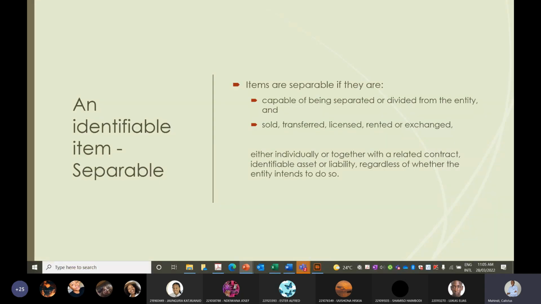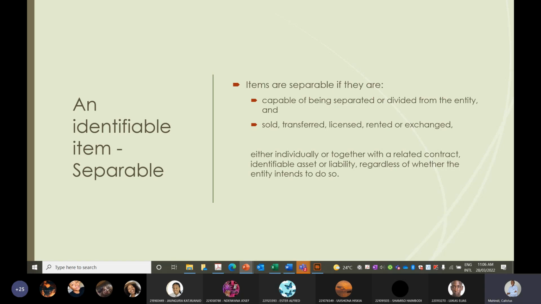An item is separable if it is capable of being separated or divided from the entity and sold, transferred, licensed, rented, or exchanged, either individually or together with a related contract, identifiable asset, or liability, regardless of whether the entity intends to do so.